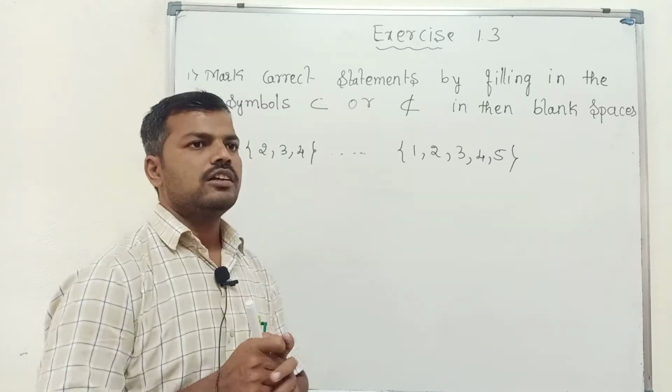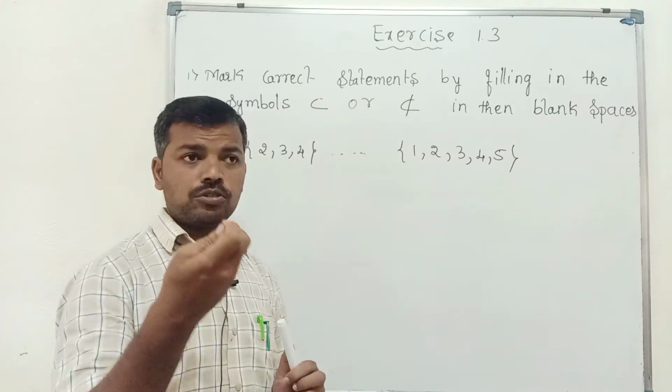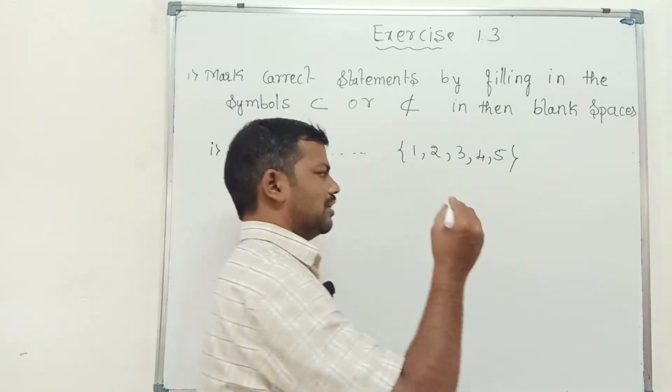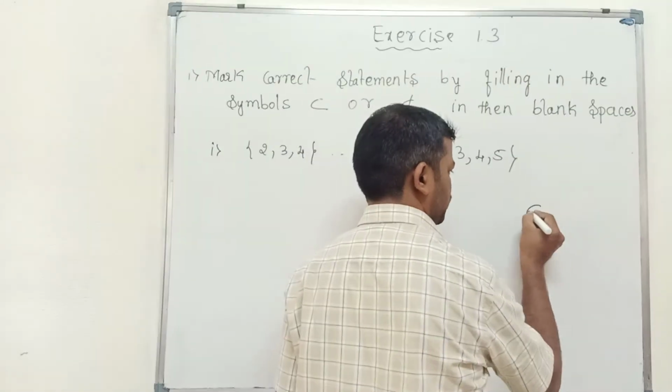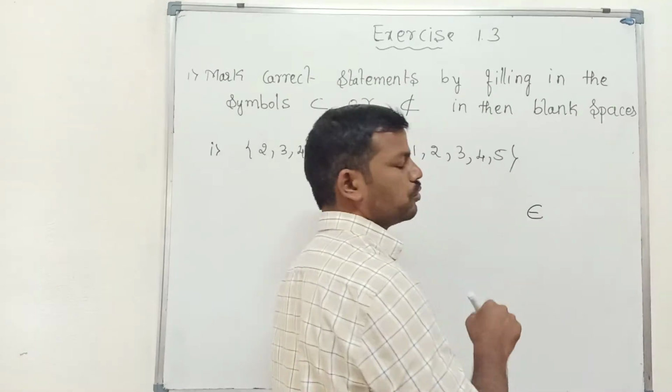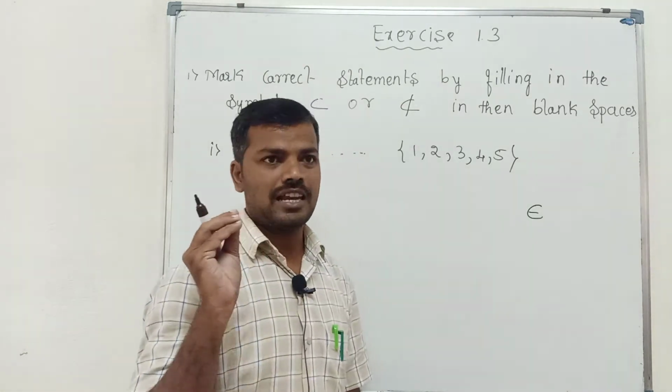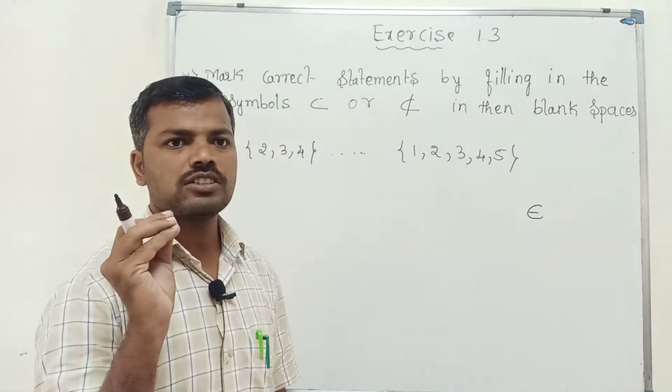So which are the symbols? We know that already from this chapter. One symbol we have used is belongs to. This belongs to is used only for the elements of a set.